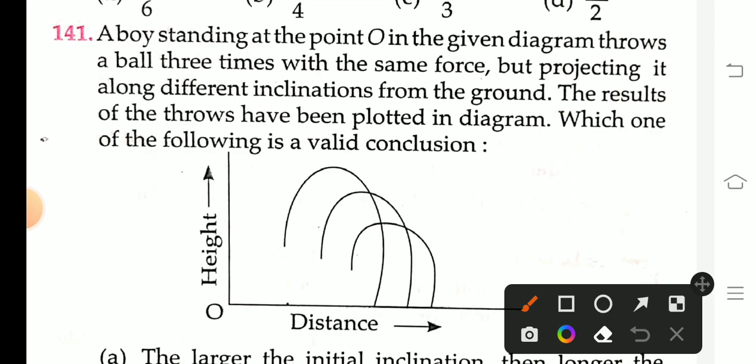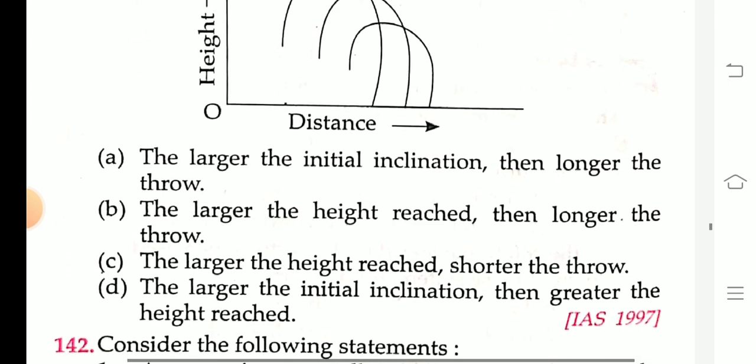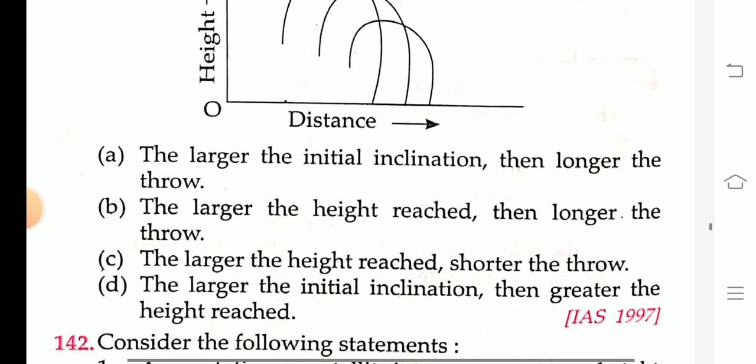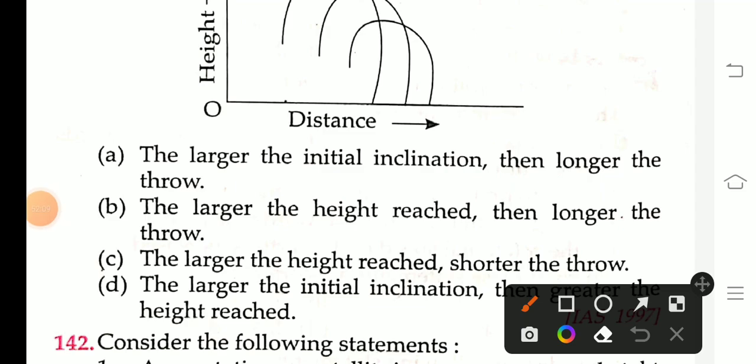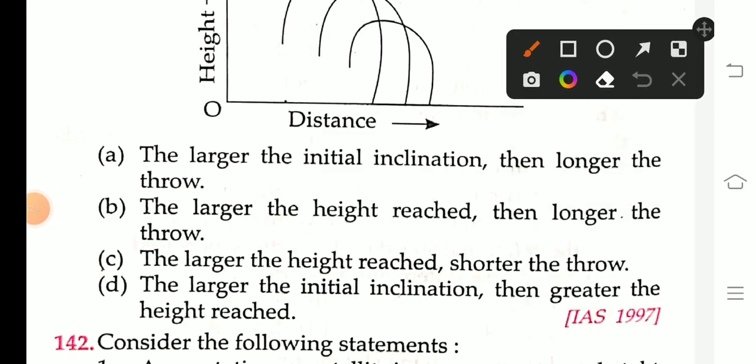Which one of the following is a valid conclusion? The larger the initial inclination, the greater the height reached.